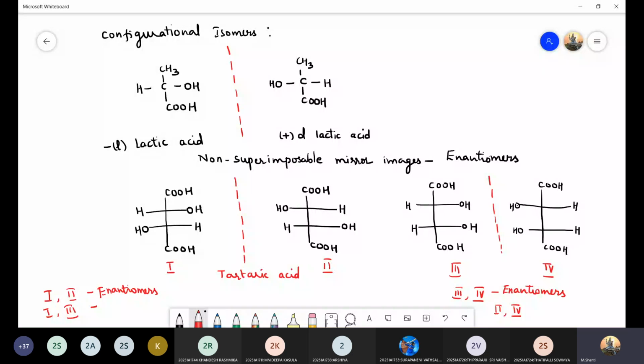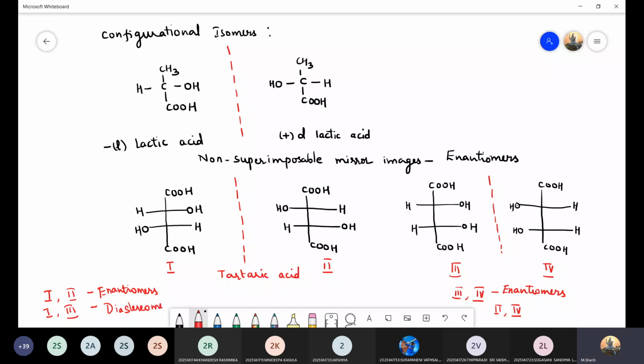Then tell me how 1 and 3 are related. Are they mirror images? No, ma'am. Are they superimposable? No. So such isomers, non-superimposable and non-mirror images, are termed as diastereomers.